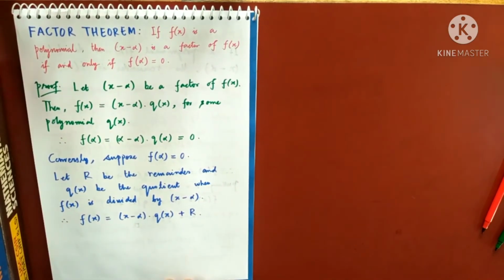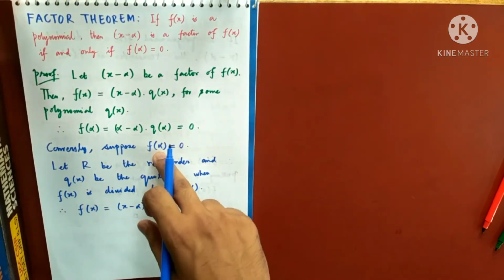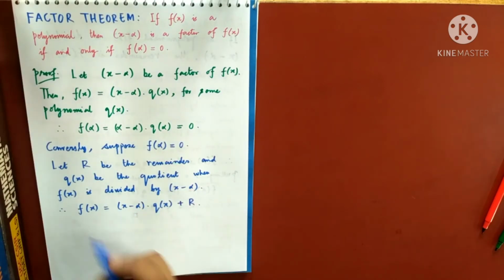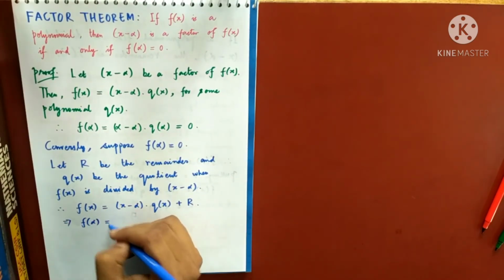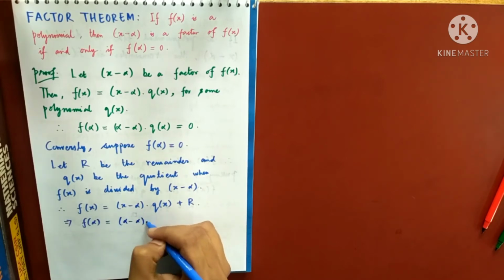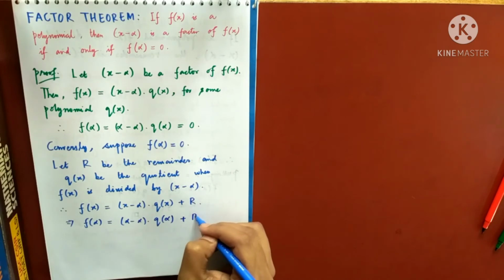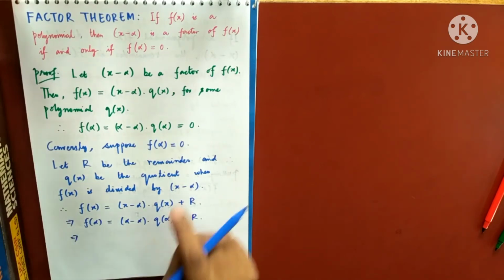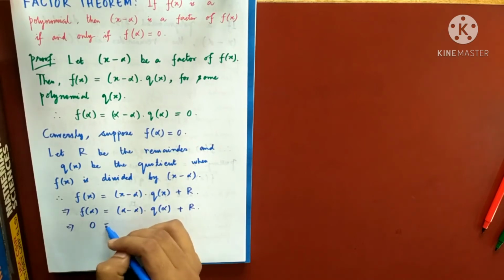Yeah. So this happens. Now it's very simple. I'll make use of this condition. So put alpha. This implies f(alpha) equals alpha minus alpha times Q(alpha) plus R. Now what is f(alpha)? It is 0. So in place of f(alpha) I am putting 0.